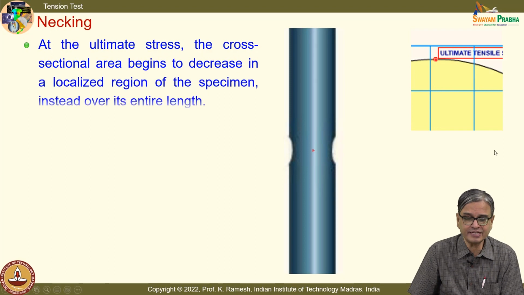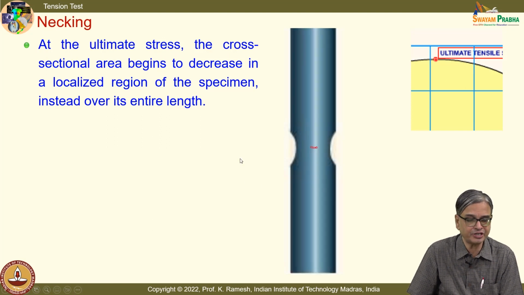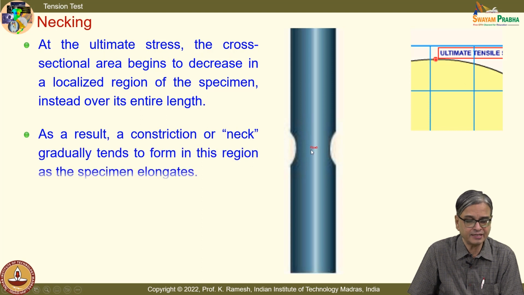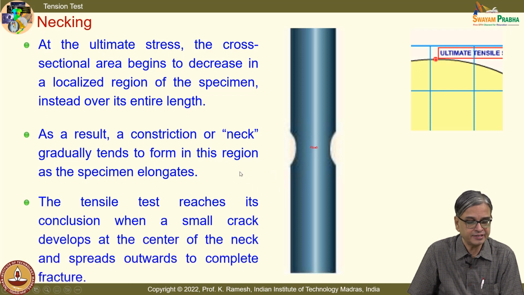And we have also seen once it has reached the ultimate tensile strength, necking has started, and then you look at the animation and you have localized yielding that takes place, and ultimately the material separates and you have cracks developed that propagate and separate the material.